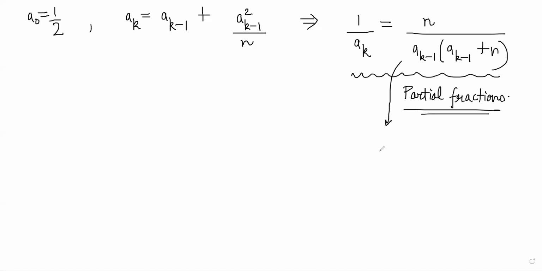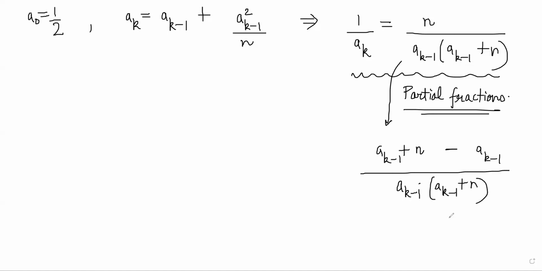The numerator can be written as A(k−1) plus n minus A(k−1), and the whole thing is divided by A(k−1) times (A(k−1) plus n). So that clearly becomes 1 over A(k−1) minus 1 over (A(k−1) plus n).